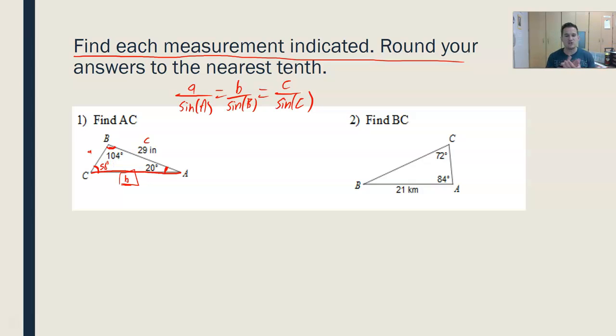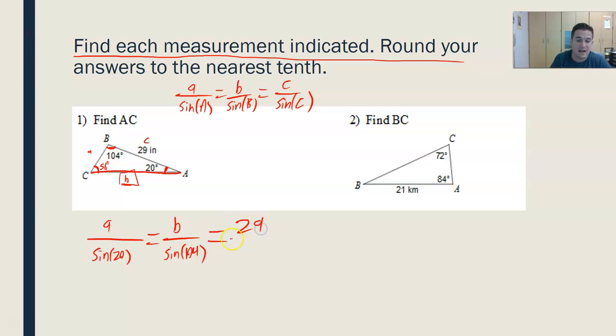So with the information that I'm given here, I'm going to go ahead and write out an equation. So a, I don't know yet, but a over the sine of 20 is equal to b over the sine of 104. And that's also equal to c, or 29, over the sine of 56. And I'm trying to solve for b right here. So I'm going to ignore this part of the equation.